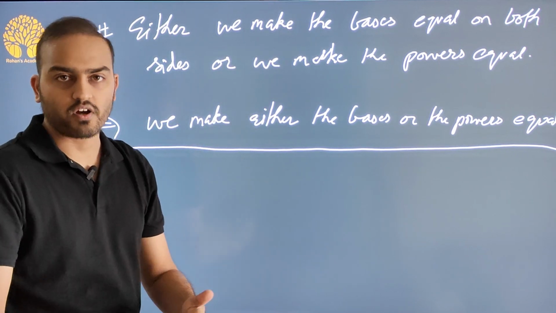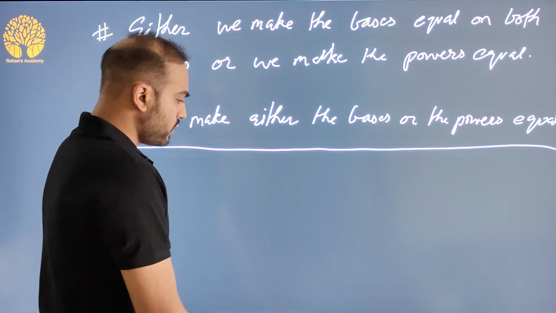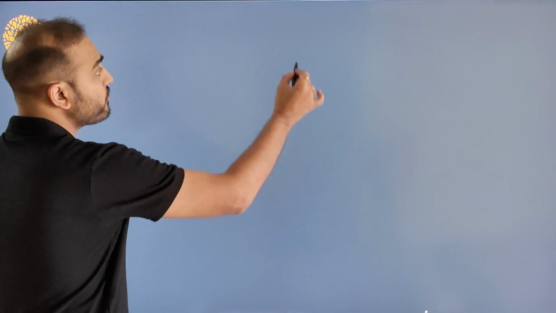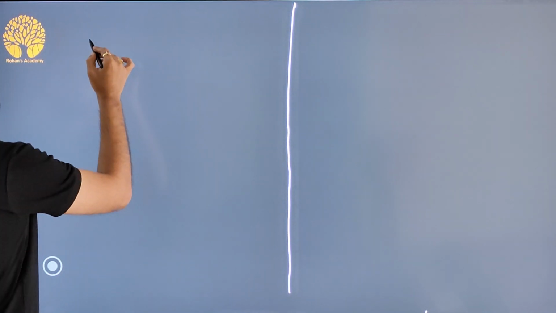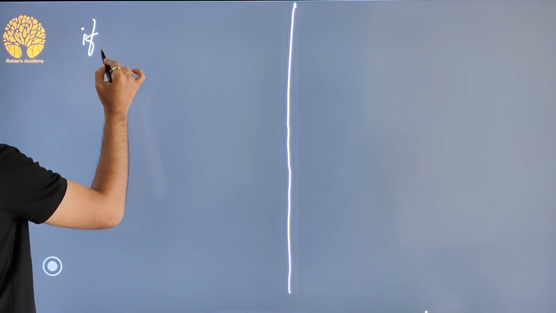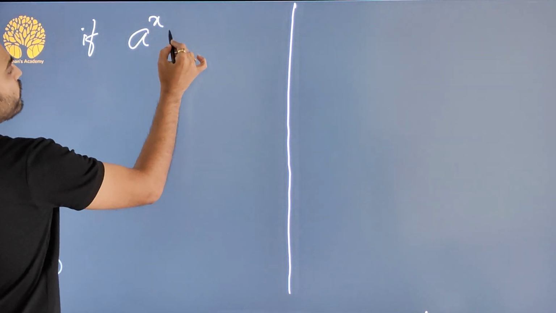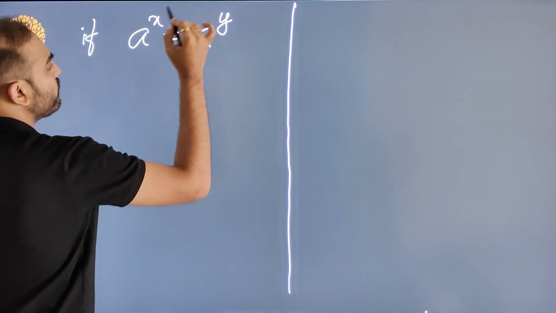Let's focus on the concept. So the concept is, you can either try and make the bases equal, or you can try and make the powers equal and then solve. But before you do, remember one thing. Say a to the power x is equal to a to the power y.